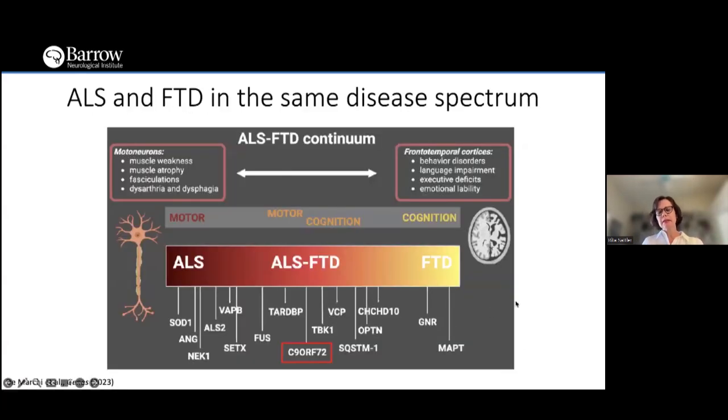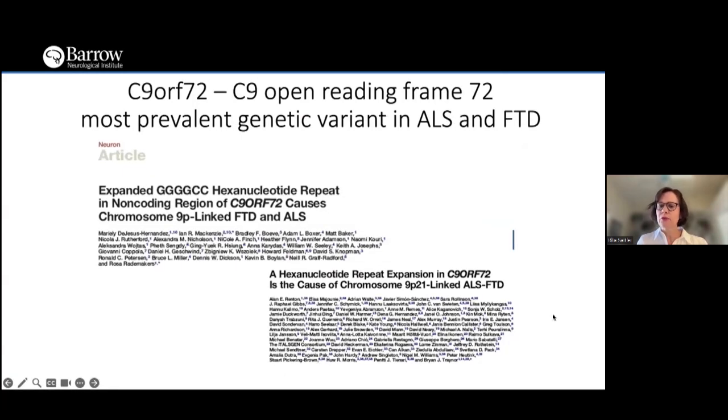So as highlighted by my title and also by the introduction that Stephen gave you, we're really interested in this one particular genetic mutation in the gene called C9orf72. The reason why we're really interested in this mutation is because this mutation is at this point still the most prevalent genetic variant in ALS and FTD.